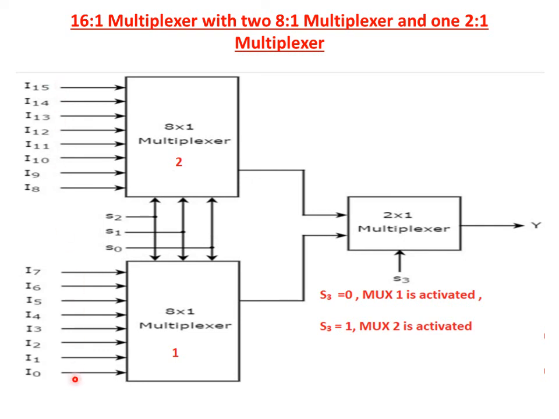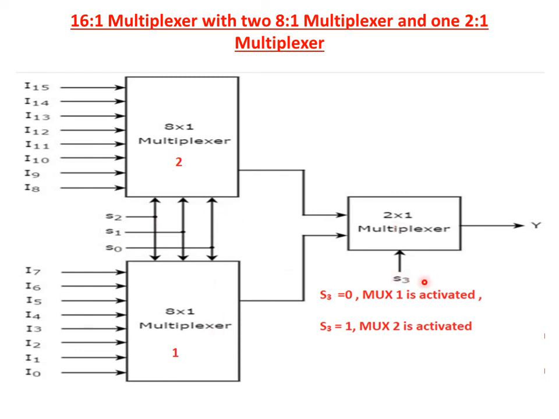So now the total inputs are 16 and the single output Y is here, and 1 2:1 multiplexer is here. Now the selection lines S0, S1, S2 are common for both multiplexers.